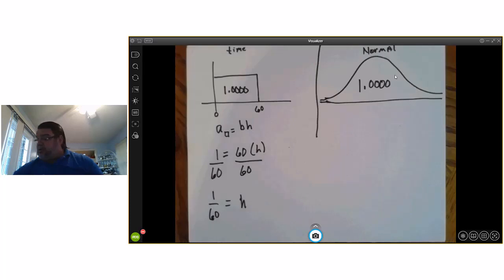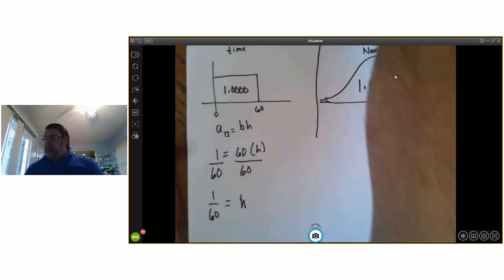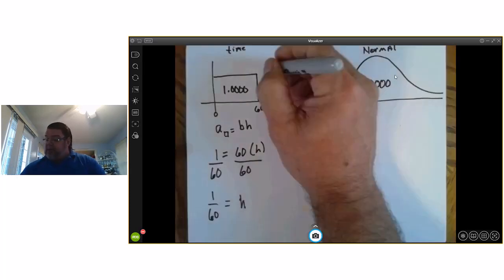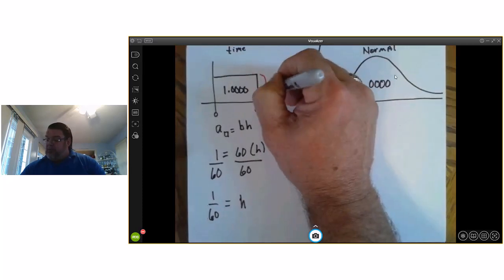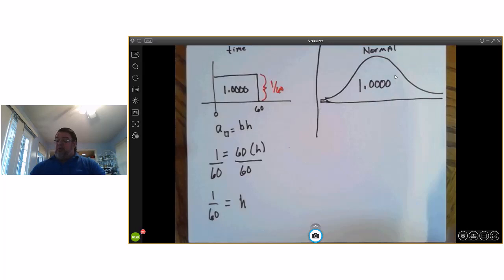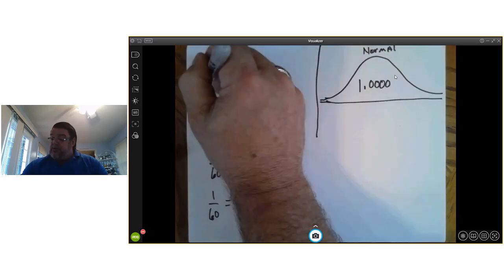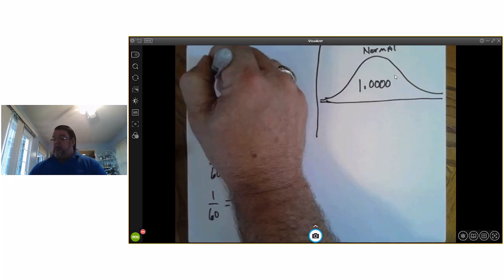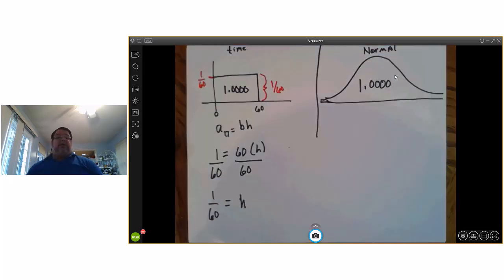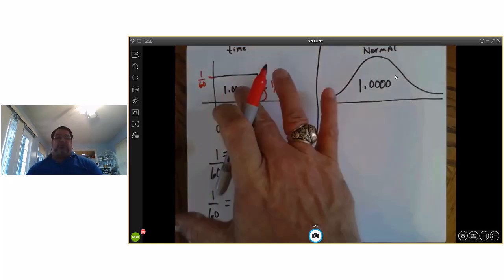So I take a colored marker, and my height of this box now is 1/60. Or you might see it written like this, with a little hash mark right there. Either way, the height of that rectangle is 1/60.